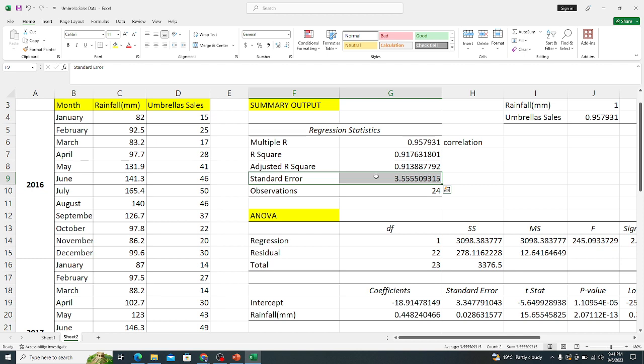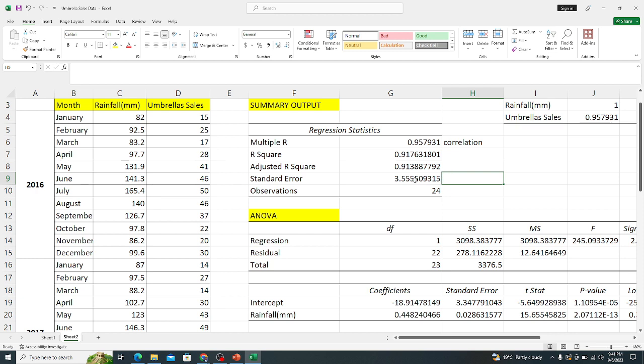You can see this 3.5 is near to 0, compared to if we got a value like 20.